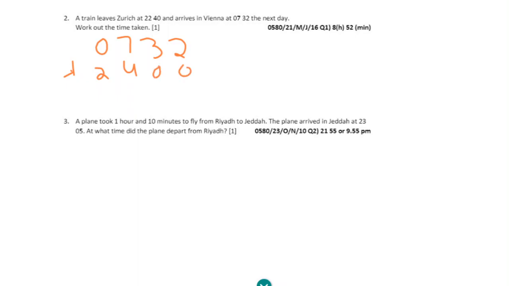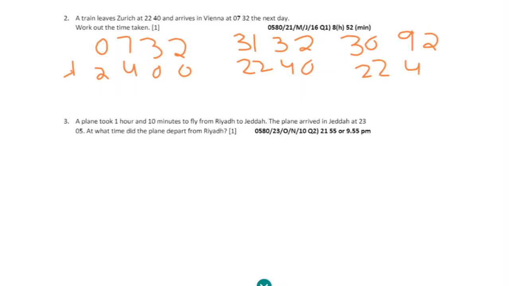And we get 31:32. Now we subtract the time 22:40 from it. Again, for that, first give 1 hour to 32, which makes this 92, and then subtract 22:40, and we get 52 here and 8. So the answer is 8 hours 52 minutes.